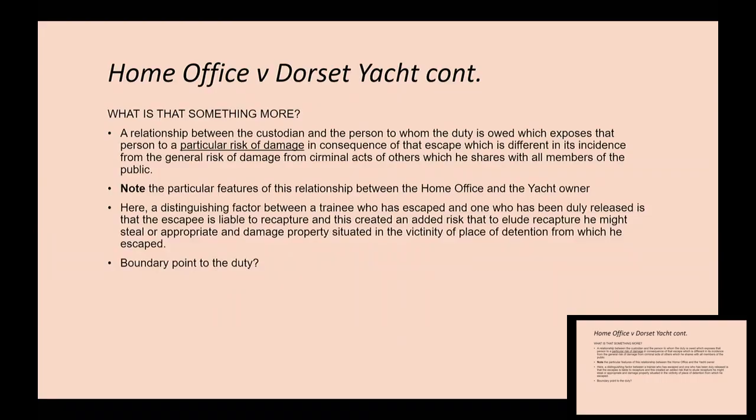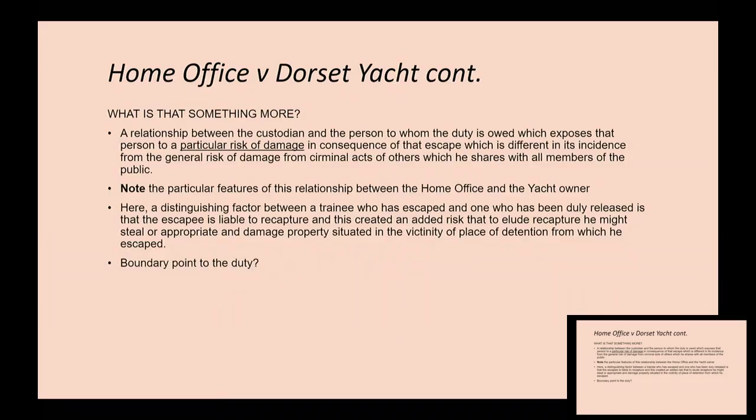Okay, and they noted that there were particular features of the relationship between the Home Office and the plaintiff yacht owner. What are some of these features? First, okay, the Home Office had adopted this particular kind of custodial system for young offenders, which was open air on an island, rather than inside four walls with a lock on the gate.